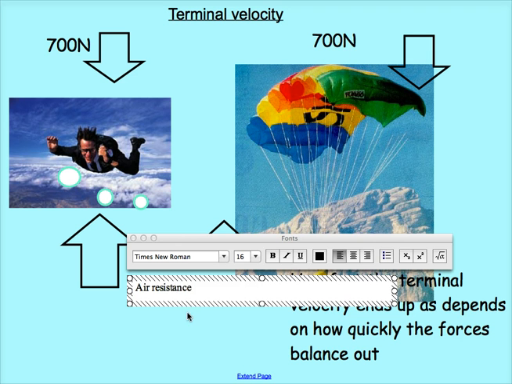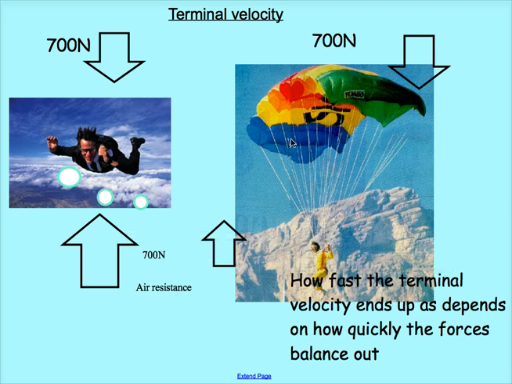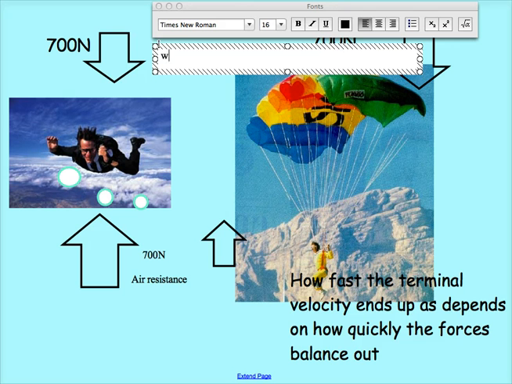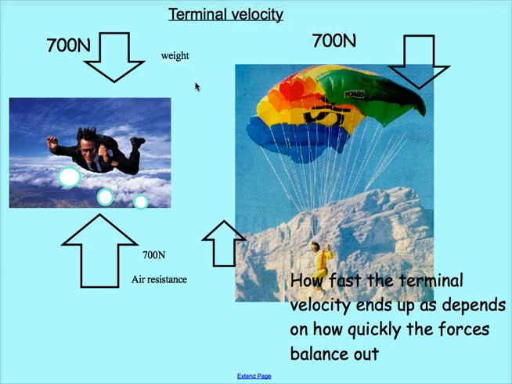When the forces are balanced, if you looked at the balanced forces video, you know there's no resultant force. But because he's already moving, he's now reached a constant speed. That's his terminal velocity, his top speed, where the air resistance and his weight have balanced out. It's taken quite some time to do that.